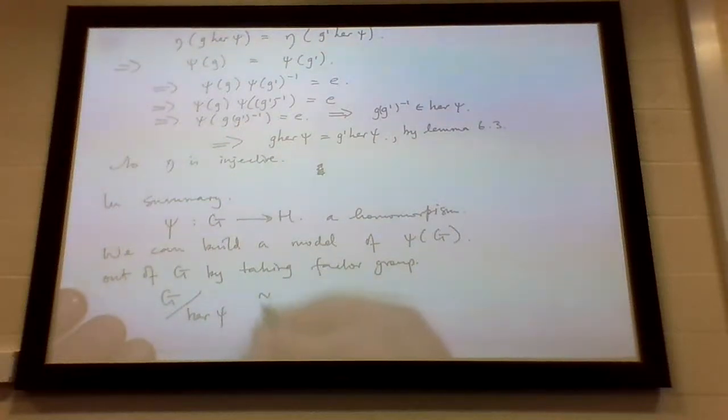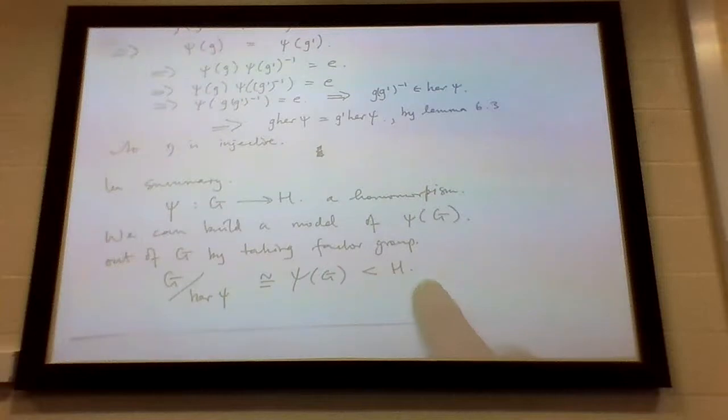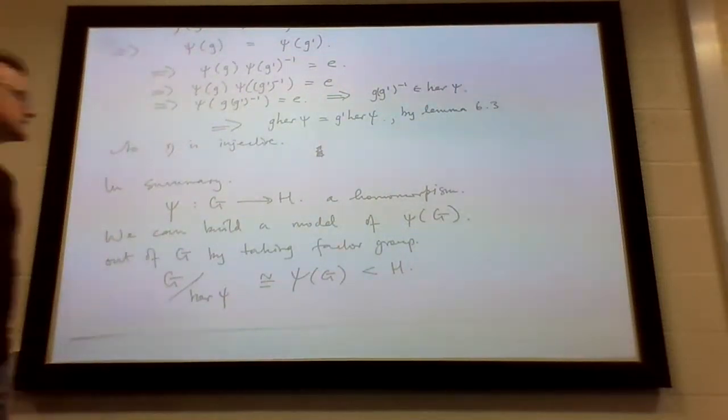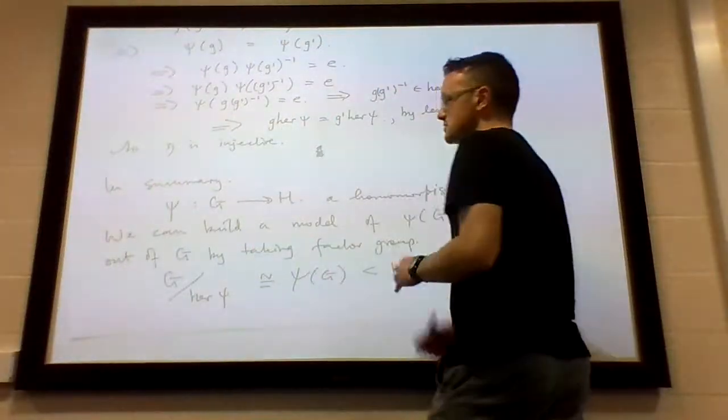And this is what we've just proved here, that it's isomorphic to the image of G, and that's some subgroup of H. So it gives us a way, if you like, to understand what the homomorphism is doing.